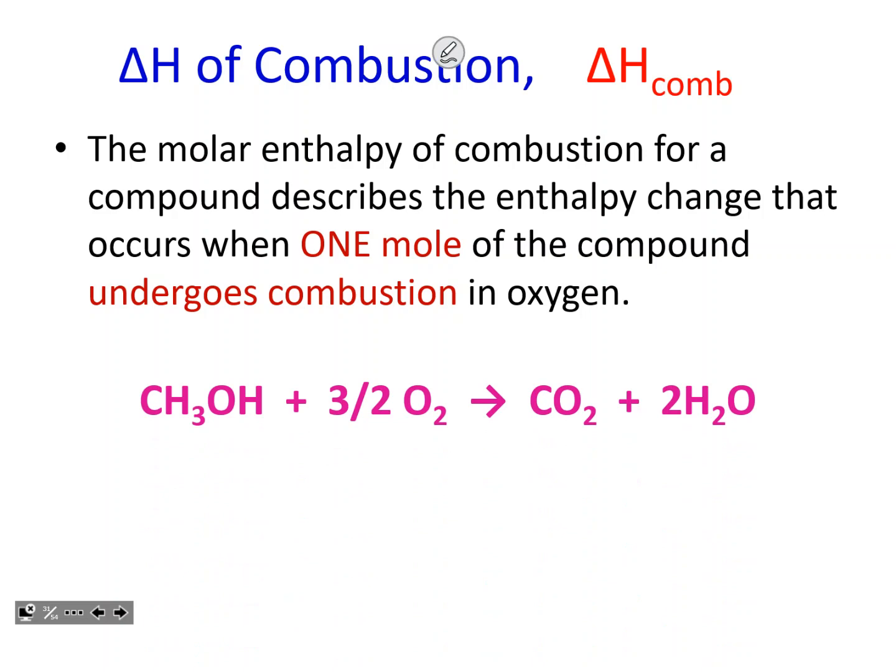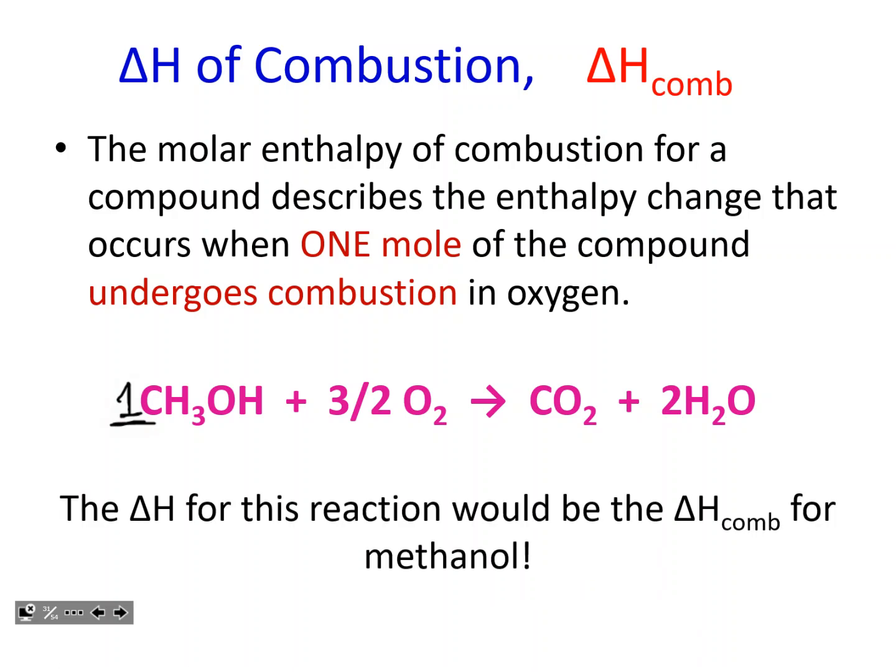But do remember, it's going to balance off the fact that this stays at 1. So everything else gets balanced off of that, and that's why we have the 3 halves for our O2 there, okay? All right, so delta H for this reaction would be the heat of combustion, so delta H with the COMB for methanol.